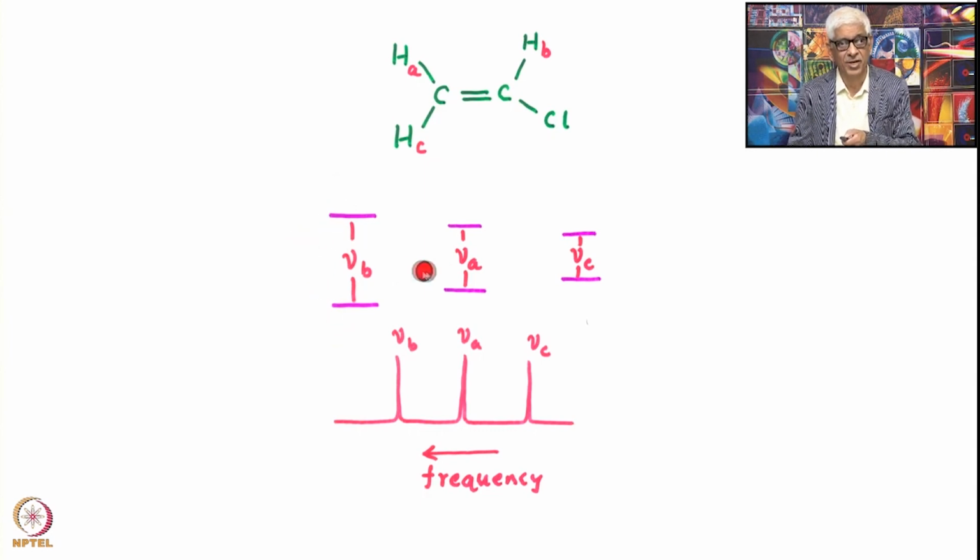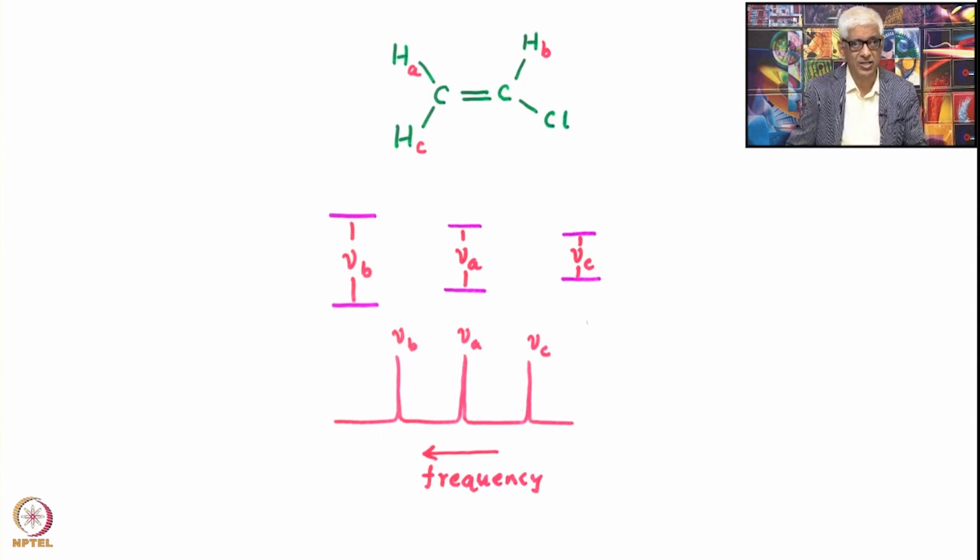This is followed by nu A, which is trans to the chloride group, where the effect of the chlorine is smaller. The one which is cis to it, because of van der Waals interactions and similar effects, will have more screening, so the lowest delta will be for nu C. The frequency and the delta values increase in this order.